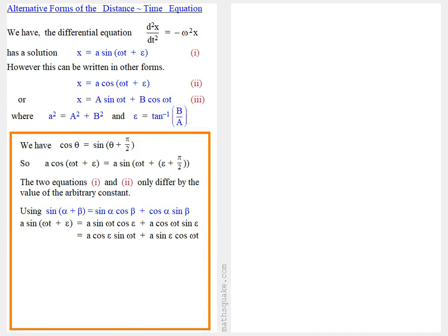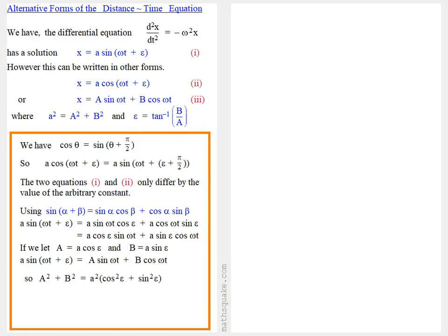And this can be rearranged as a cosine epsilon sine omega t plus a sine epsilon cos omega t. If we let capital A equal a cosine epsilon and capital B equal a sine epsilon, then we have a sine(omega t plus epsilon) is equal to A sine omega t plus B cos omega t.